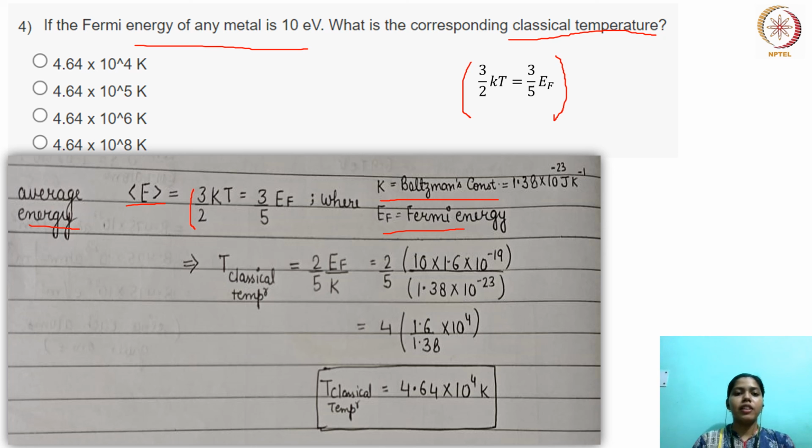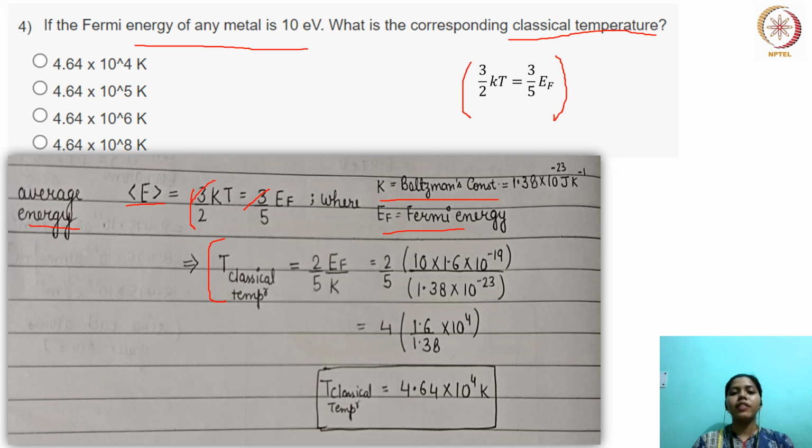When we solve it, 3 will be cut by 3, and taking the rest of the terms on the right hand side and leaving only T, the classical temperature, on the left hand side, we have T equal to 2EF, that is the Fermi energy, divided by 5K.